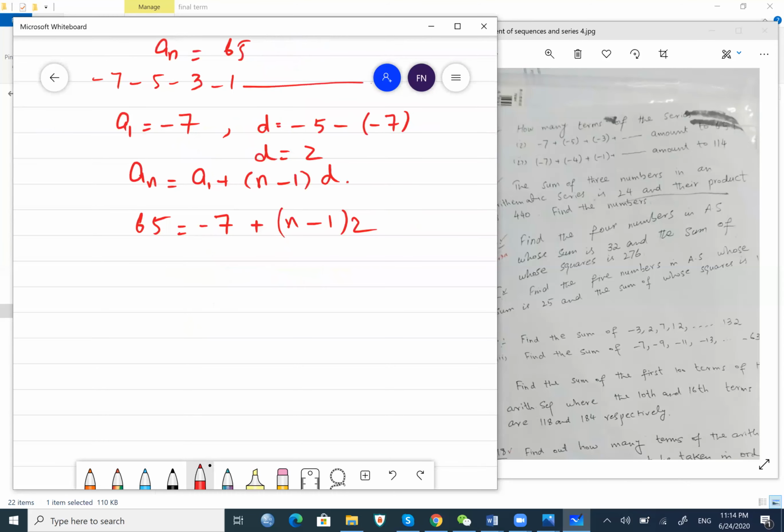So we can solve it for n. 65 plus 7 equals 2n minus 2. 65 and 7 is 72, plus 2, 74 equals 2n. So n is 74 divided by 2, which is 37.